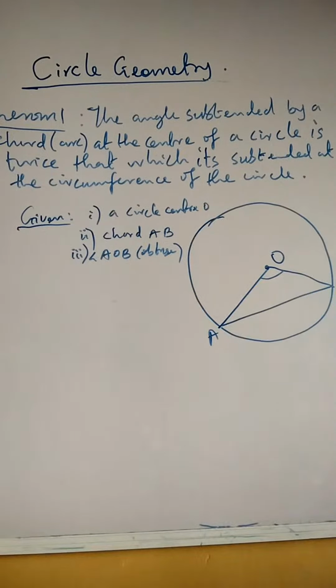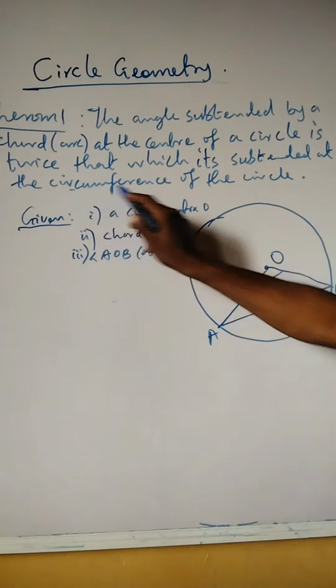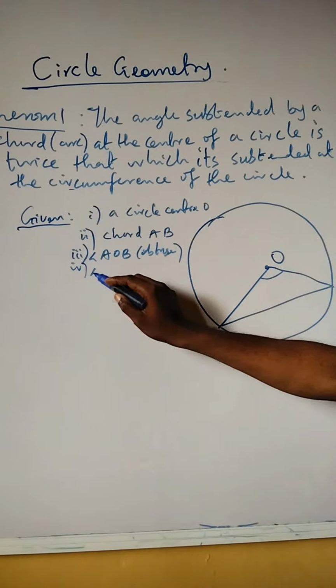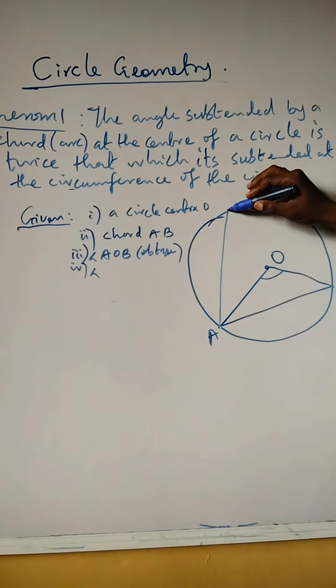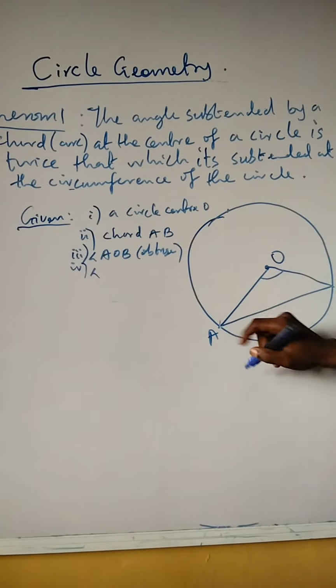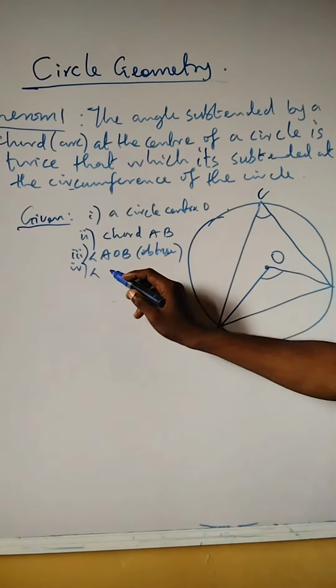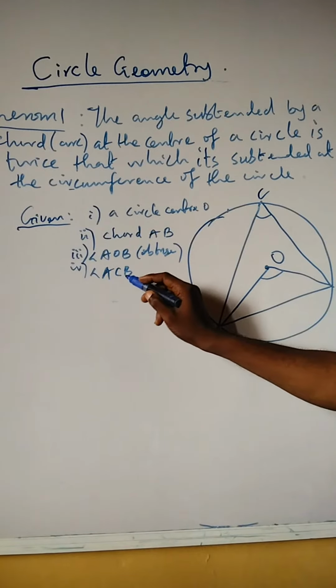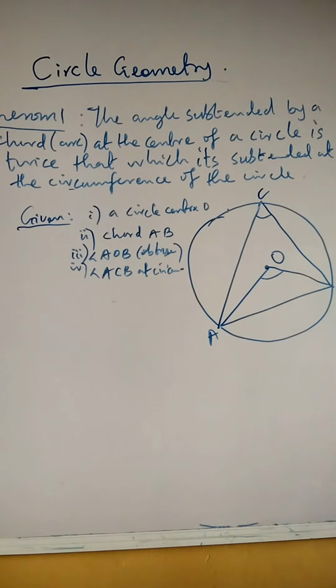We consider this obtuse angle less than 180 degrees. It is also twice that which is obtained at the circumference. So we also have an angle at the circumference. That's number 4. We can form the angle at the circumference, and write it out. Anywhere you form it, just make sure it's at the circumference. So we have this angle at the circumference. You can call this angle C, so angle ACB at the circumference. So these are what we are given.